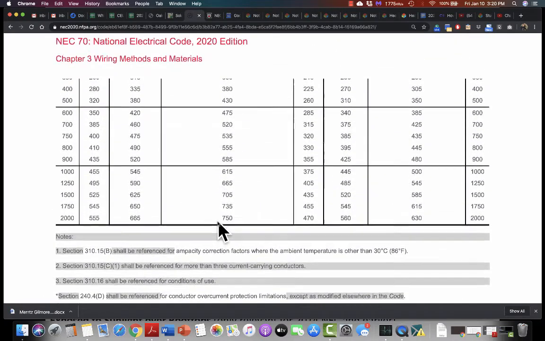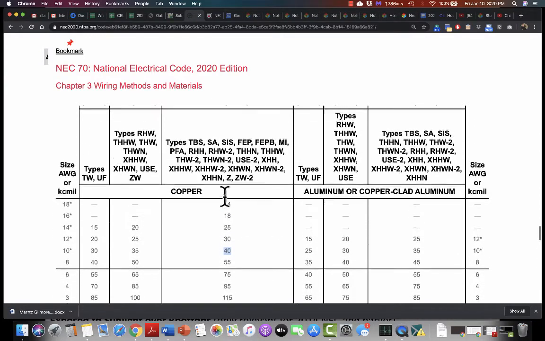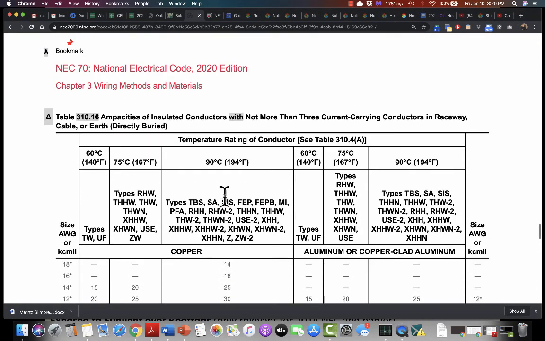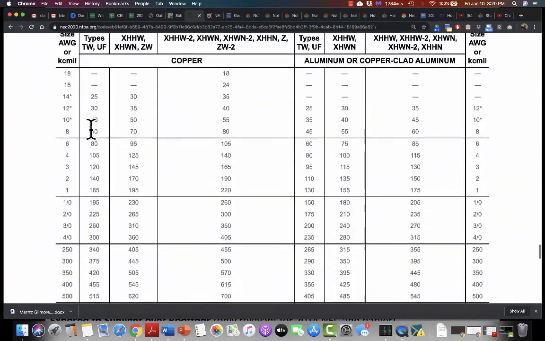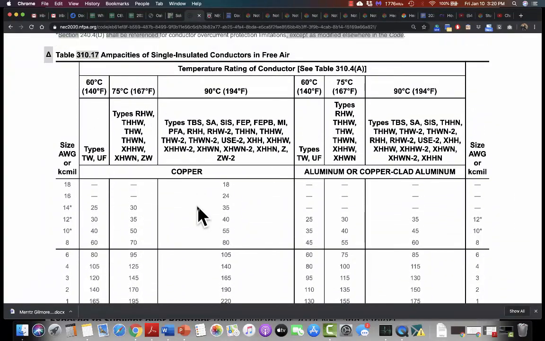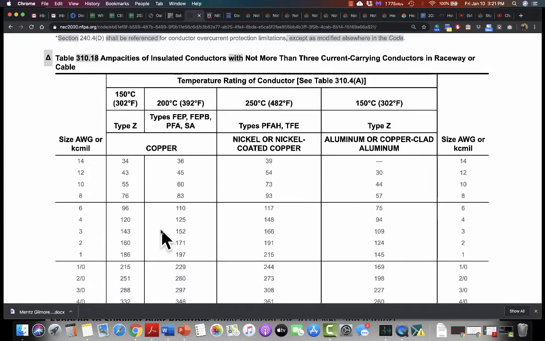But if I went back to that last table, if we're not hanging out there in free air, then we could only handle 40 amps because we don't have that wind blowing by, as we would on 310.17. Pretty much everything here is the same, but it's what you would use if you had conductors that are not in conduit, and we'd see that in the solar industry when we have our conductors behind the modules.